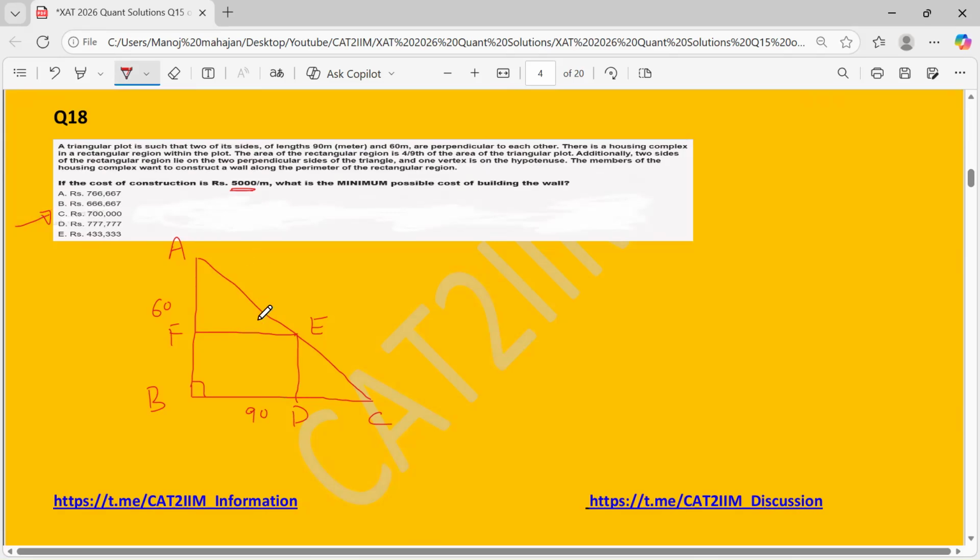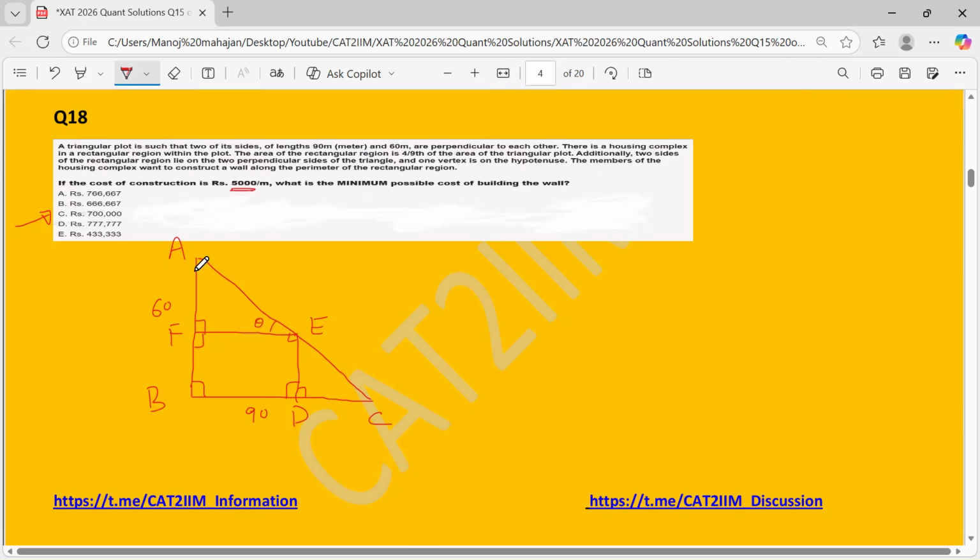Let's understand this. Let's say these are 90, 90, 90, 90, 90, and let's say this angle is theta.